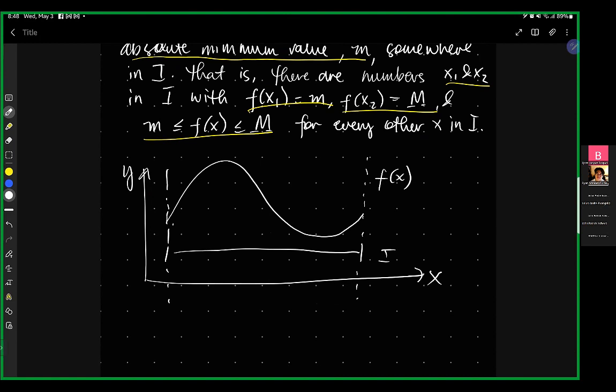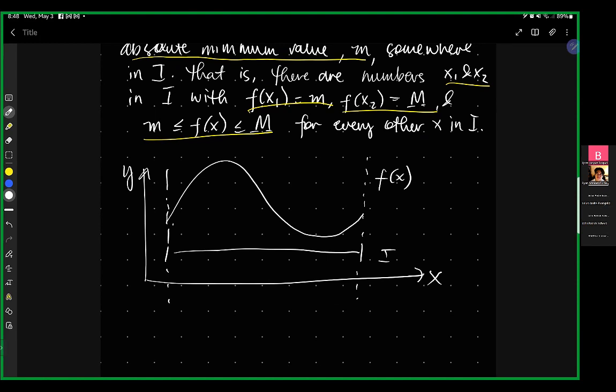When we say absolute maximum, that's the maximum that you can get, from its name itself. So yun yung pinakamataas na value ng y na makukuha mo. And then it assures you by the Max-Min theorem that there is also an absolute minimum, pinakamaliit na value ng y na makukuha mo.